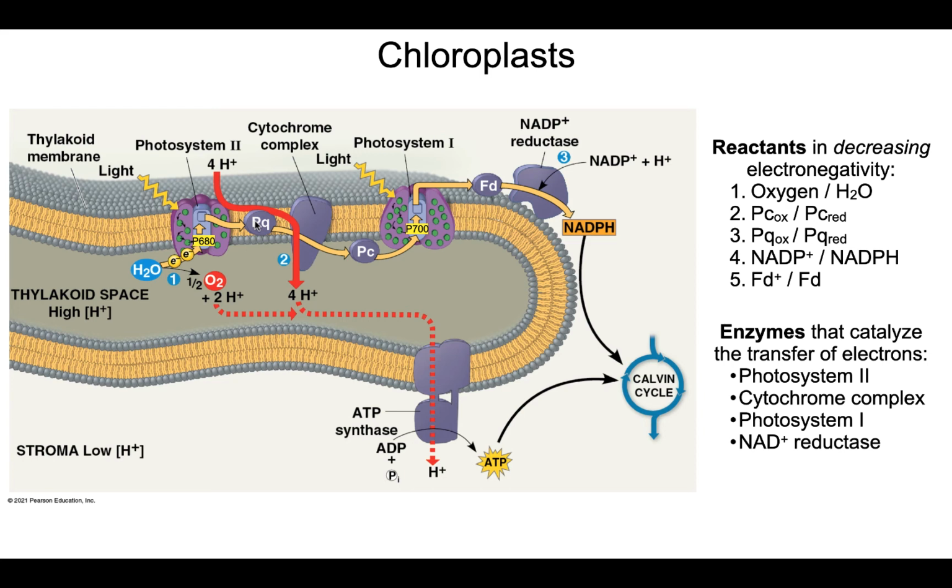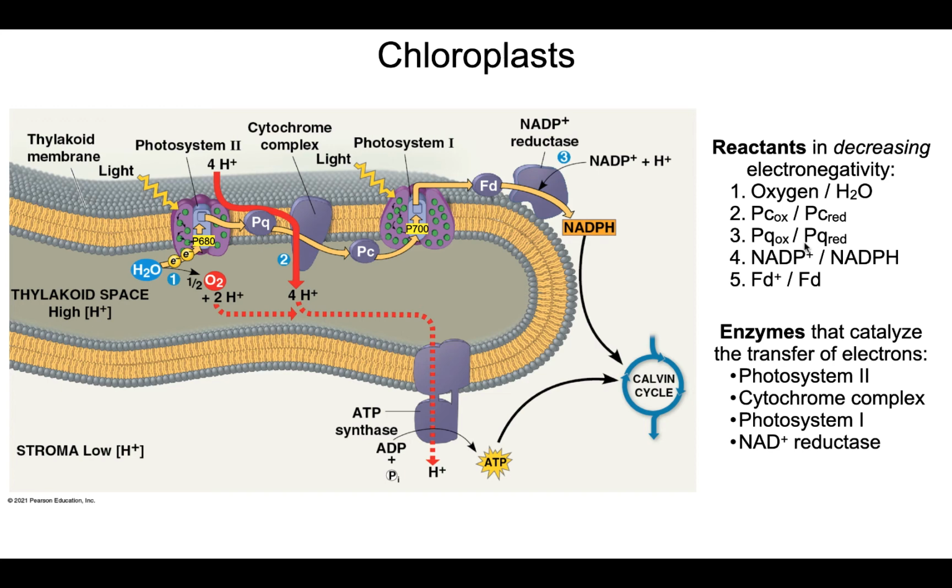So let's take a look. Is water less electronegative than PQ? Or let's reverse that question. Is PQ more electronegative than water? Well, here's water, oxygen up here. Here's PQ way down here. Whoa, wait a minute. That is not an exergonic reaction. That's an endergonic reaction.